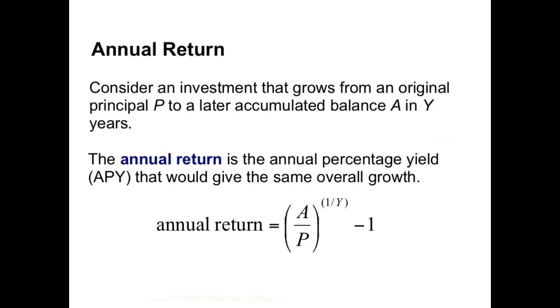All right, annual return is the annual percentage yield that would give the same overall growth. So annual return is your accumulated balance divided by principal, to the power of 1 over y, minus 1.